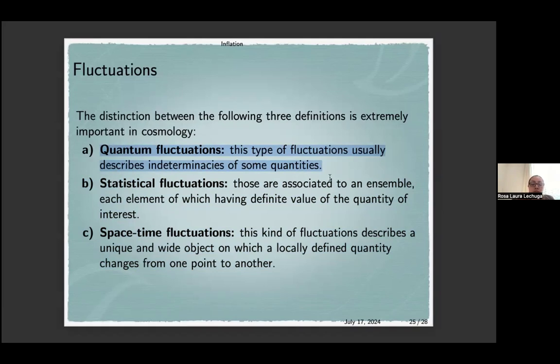I'm sure that this is not the first time that you study the quantum fluctuations, because you can remember from the quantum mechanics course that if you consider the wave function of a system, for example, the harmonic oscillator, in the ground state you can think that you have a Gaussian form, and the ground state is described by this Gaussian function, and the width of the Gaussian function talks about the uncertainty.